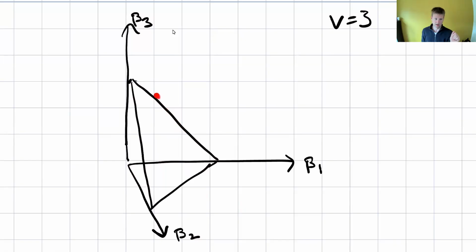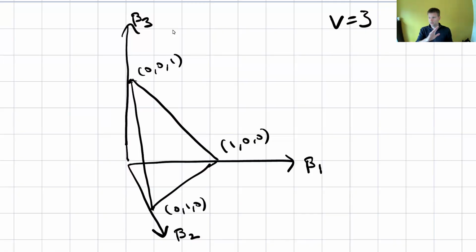It's the set of all probability vectors in R3. It's actually a two-dimensional space, this triangle that lies within R3. And the corners of the simplex are going to be 1, 0, 0, 0, 1, 0, and 0, 0, 1.